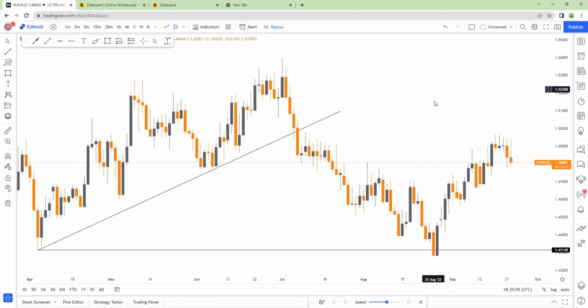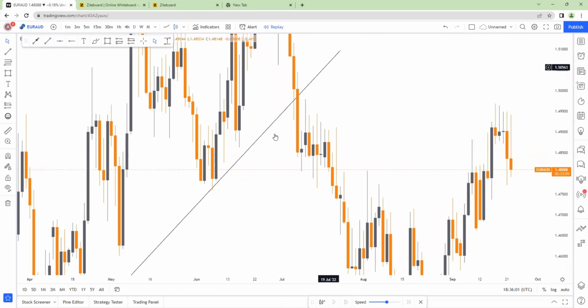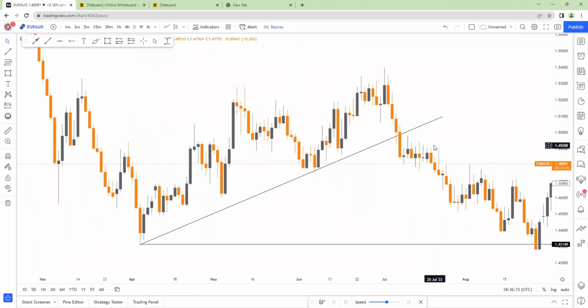We had a breakout. What we would love to see is whether we have any opportunity after the market did the breakout, any point of interest near this area. So we'll switch to other time frames. We had the first touch, the second touch, the third touch, and price blocked at the trend line.